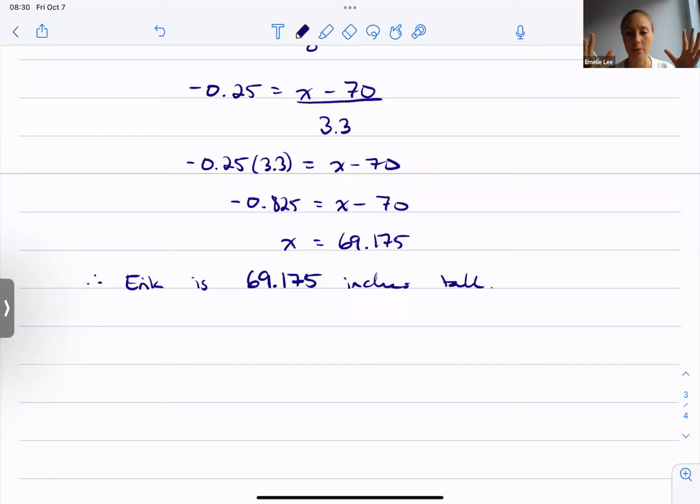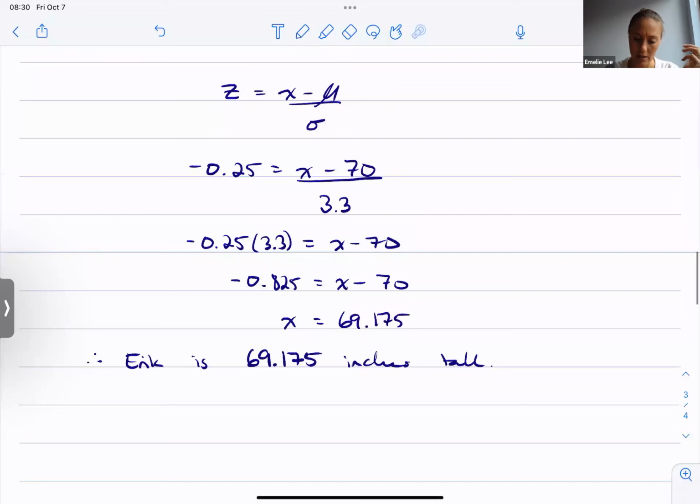remembering that it's a two-step process. In general, if you have this z-score and you want to solve for x, we can just solve for x once and for all, and then you can just use that formula.